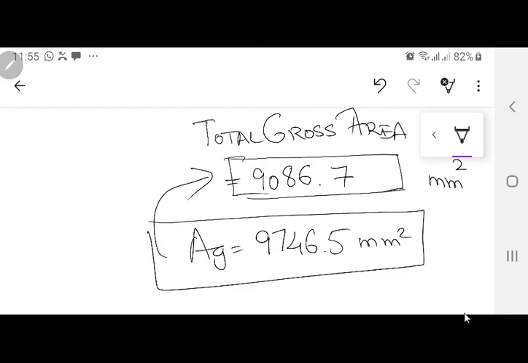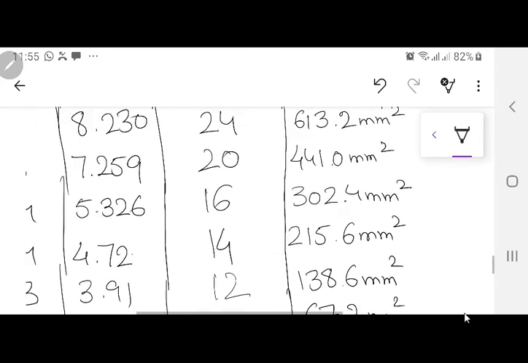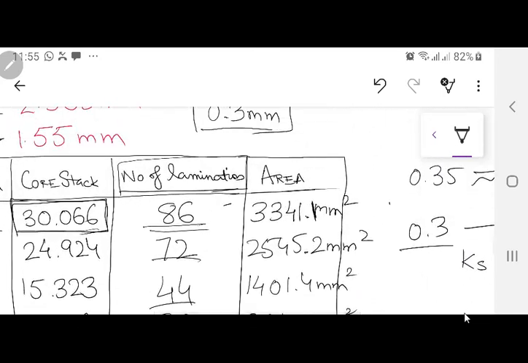Now what you have to do, you have to add over here, not in this table, another table over there. Supposingly over here this is 86, you can add 4 more laminations here, 2 more laminations here, maybe 2 more laminations here.